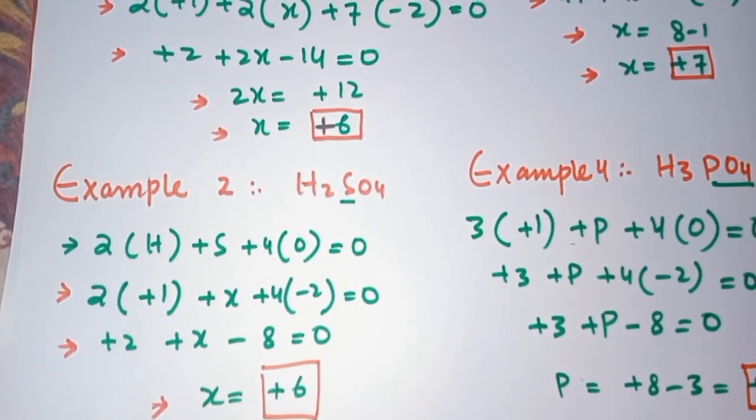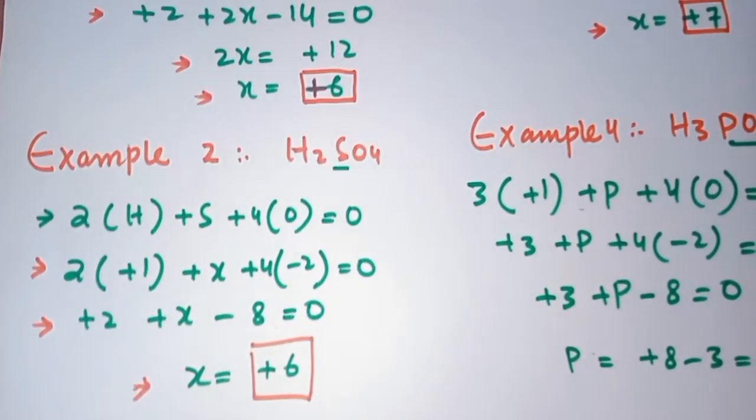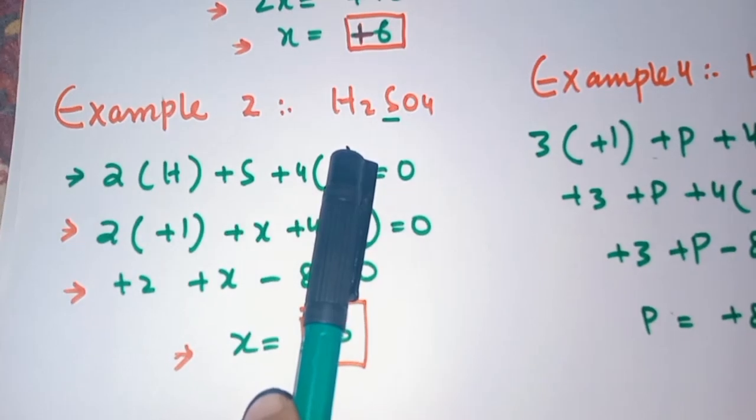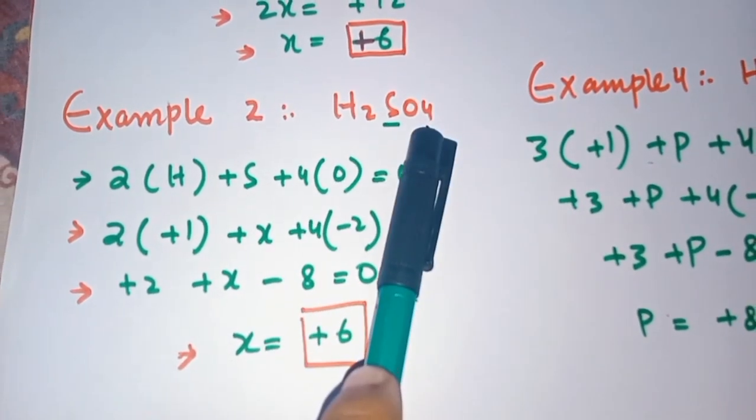Let's take another example, example number 2, H2SO4. We find the oxidation number of sulfur in sulfuric acid.